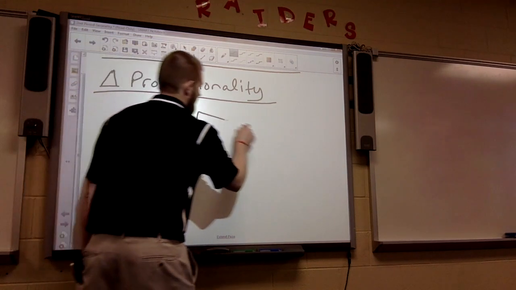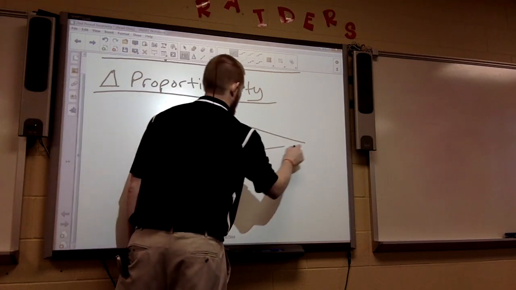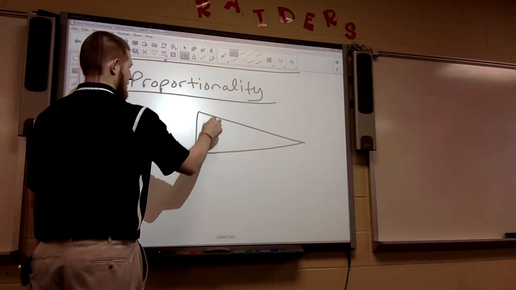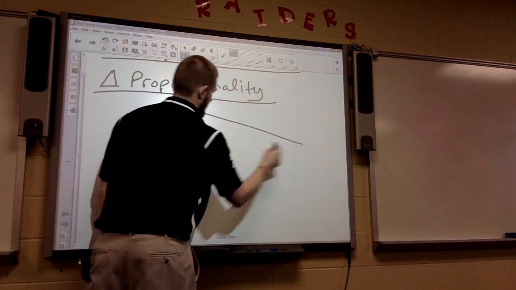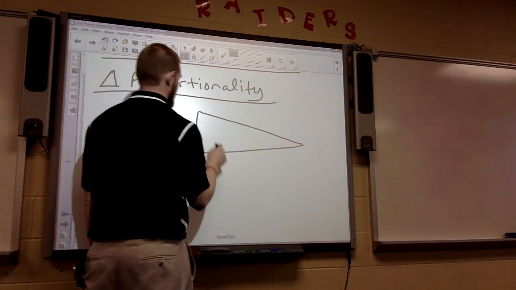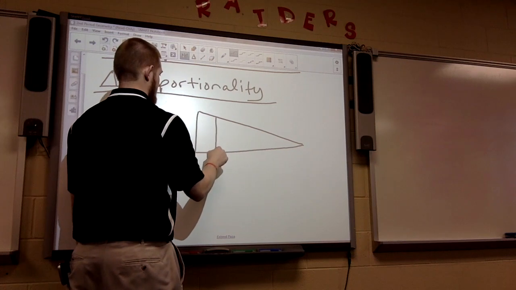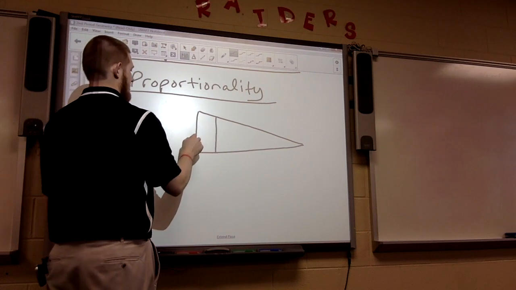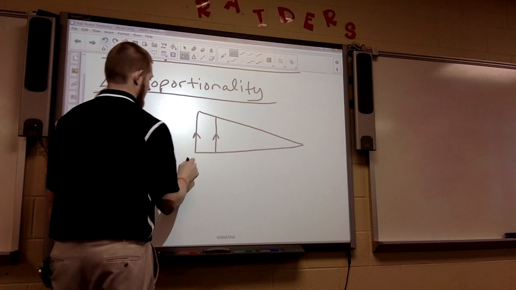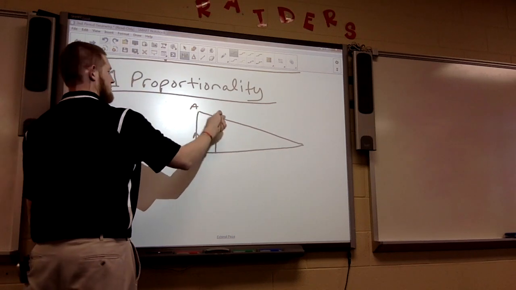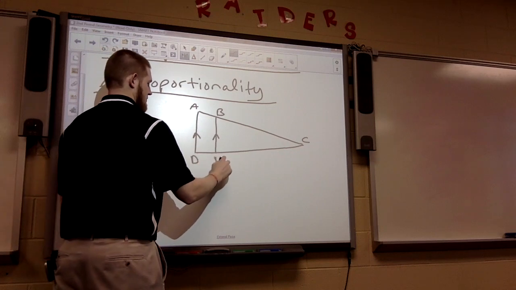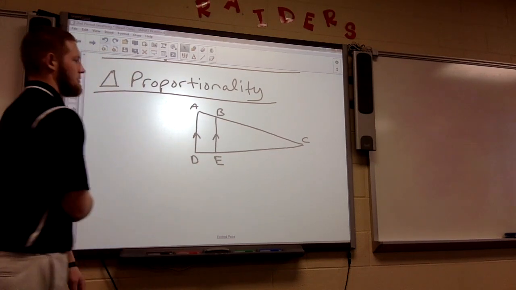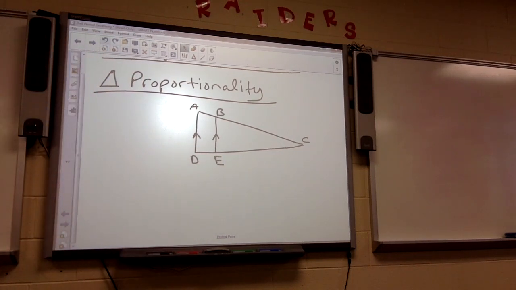So the diagram of this theorem looks like this. It has another line here. Okay. And these 2 lines are parallel. Okay. So AD is parallel to BE.